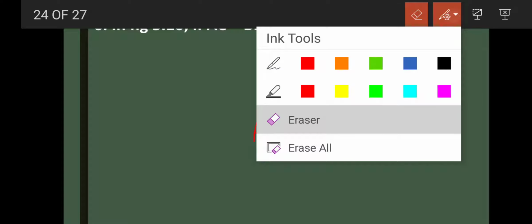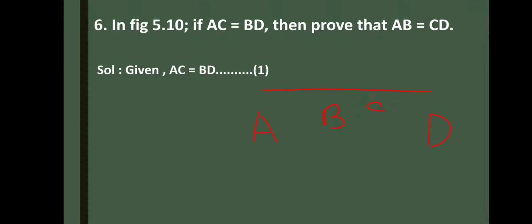Okay, now see here, you have been given AC is equal to BD in this diagram, that is AC is equal to BD. Let this be equation 1.